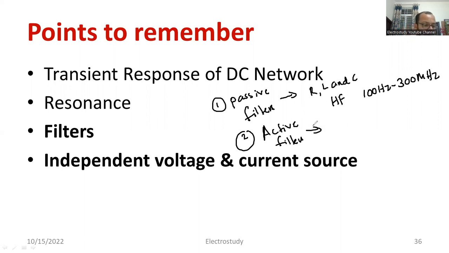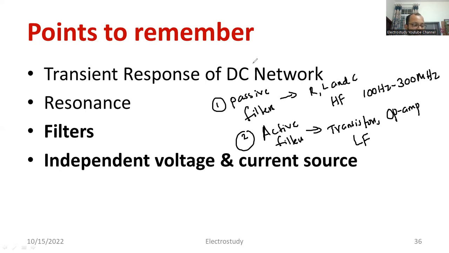Similarly, if I talk about the active filter, transistors and linear ICs like op-amps, operational amplifiers, etc. are employed in active filters. It is suitable for low frequency application. These are the differences between passive filter and active filter.